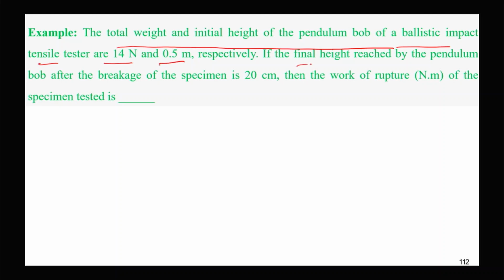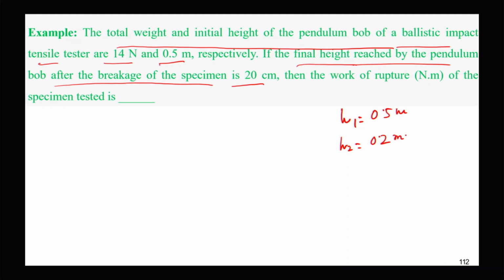If the final height reached by the pendulum bob after the breakage of the specimen is 20 centimeters. So initial height H1 is 0.5 meter, height reached after breakage is 0.2 meter, and weight is 14 Newton.